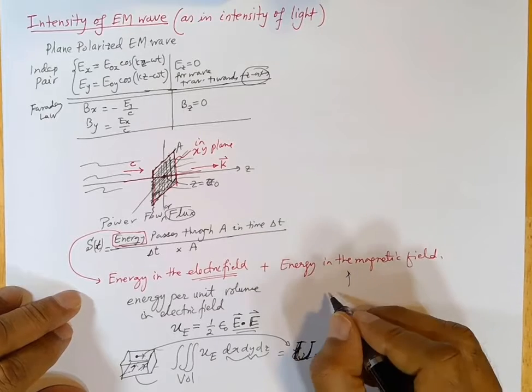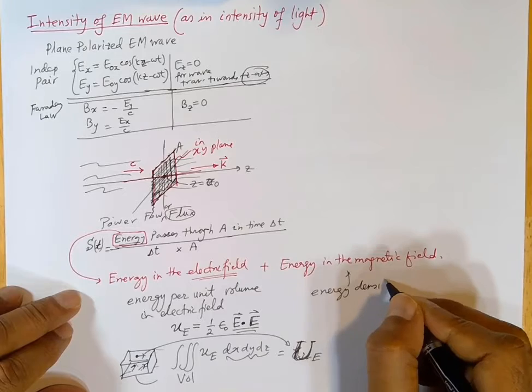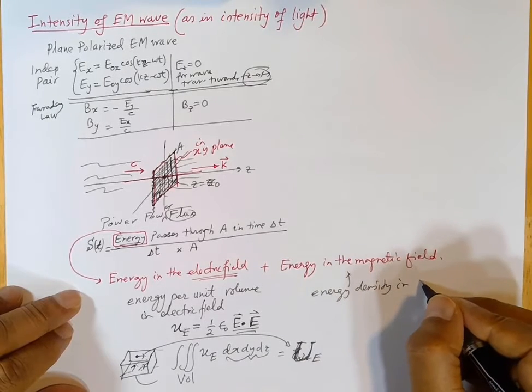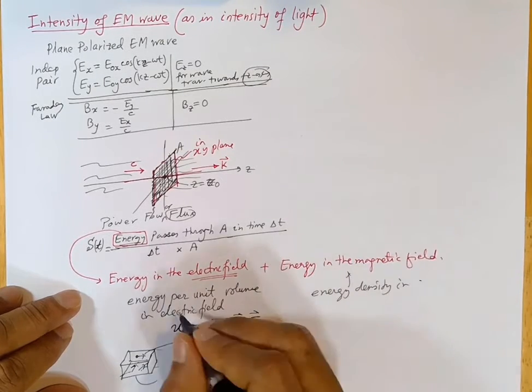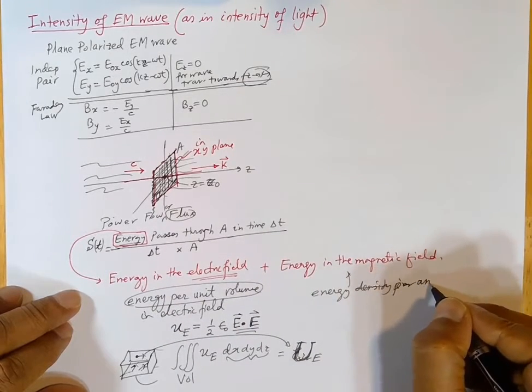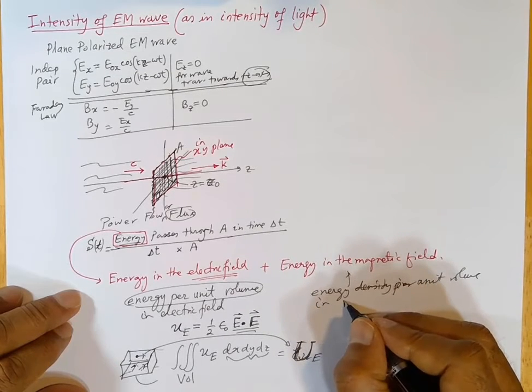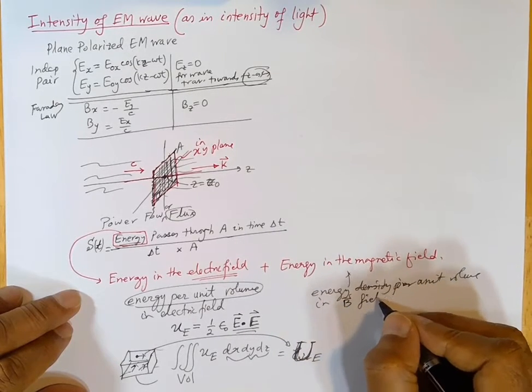What is the formula for the magnetic field energy? Again you have energy density, energy per unit volume, in the B field, the magnetic field.